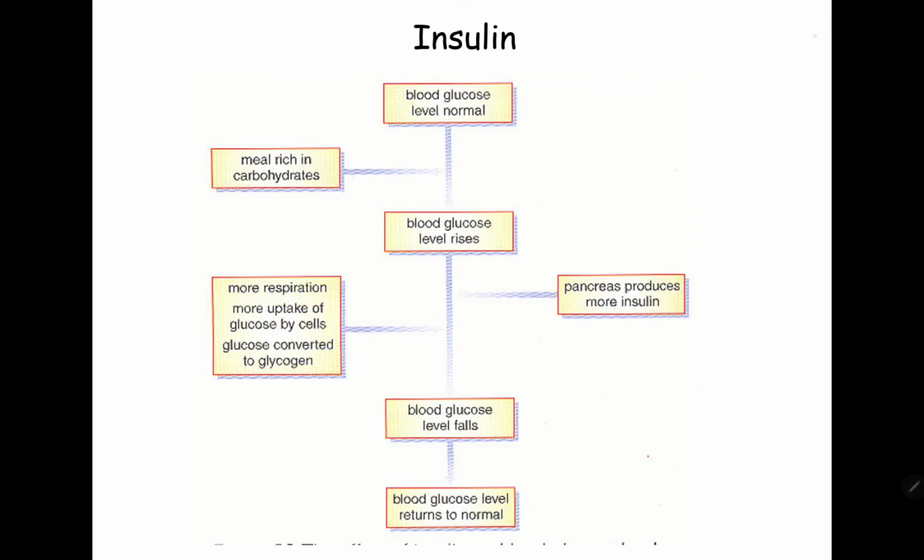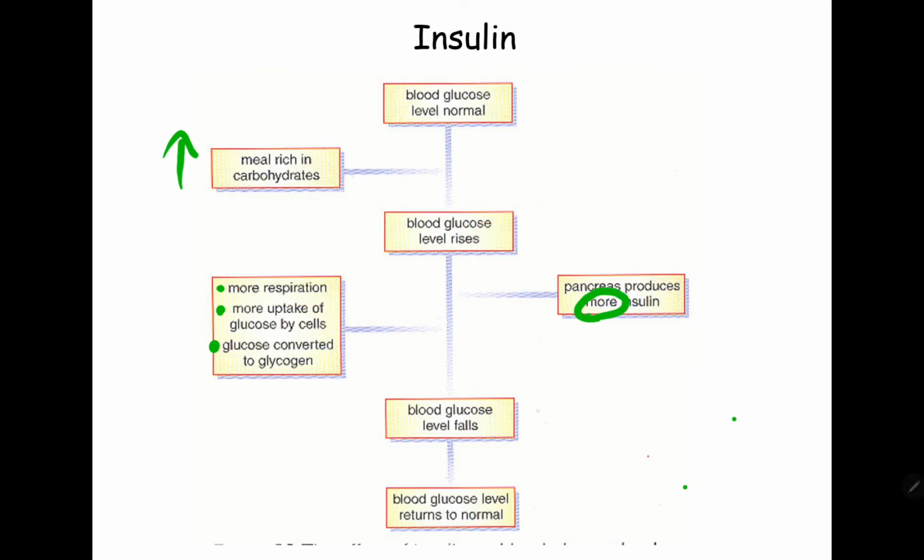So in this example here, our glucose level increases whenever we eat a carbohydrate-rich meal. As a result, more insulin is produced, and as a result, respiration increases, more glucose is taken up by cells, and some of that glucose is converted into glycogen, which is stored primarily in the liver.